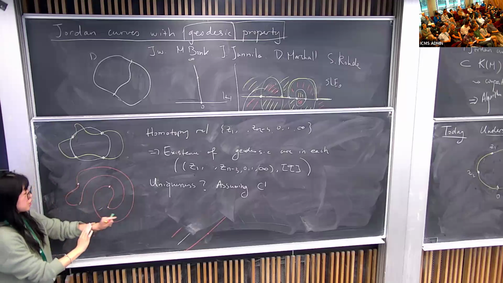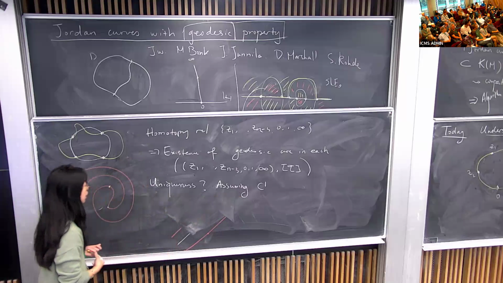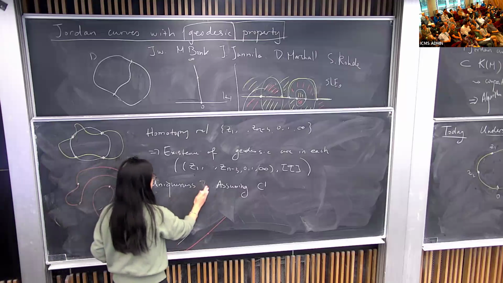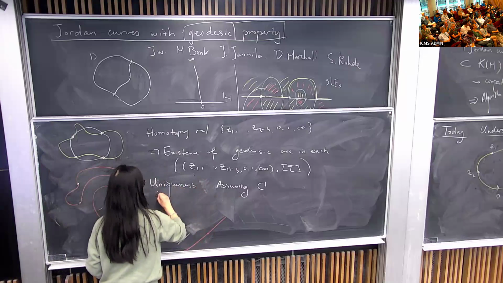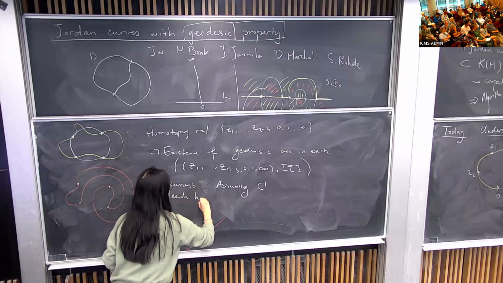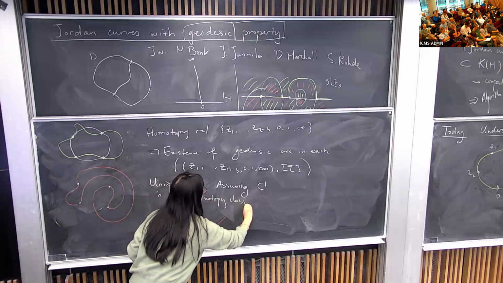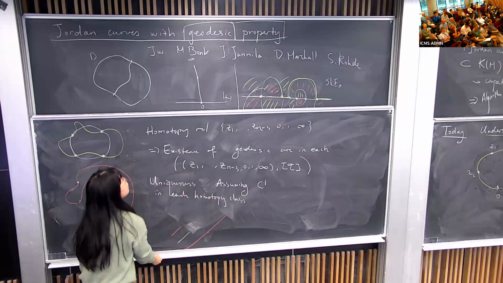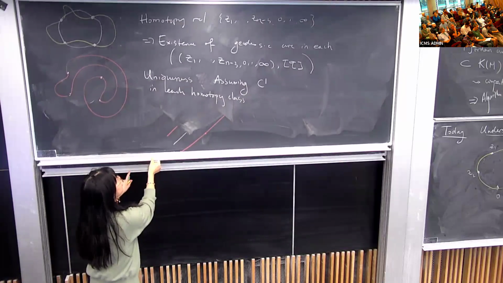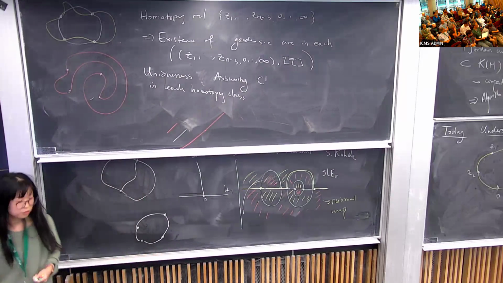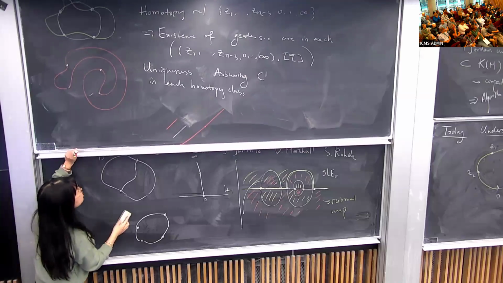So we will just take the C1 case. So the uniqueness within each homotopy class. Alex was very interested in seeing the proof of this, so I'm going to give you the elements of it.